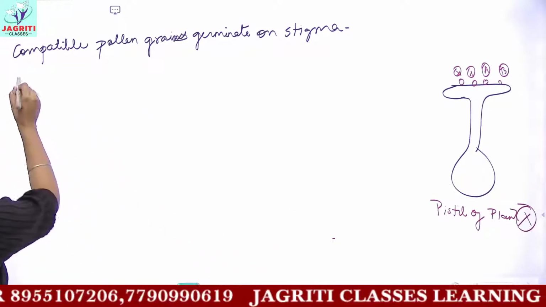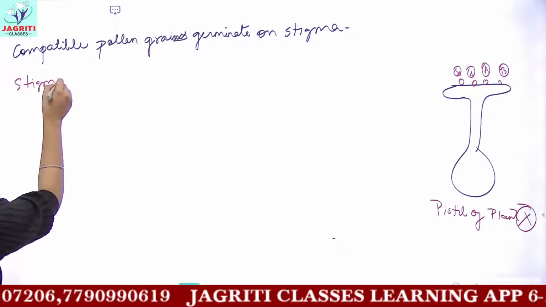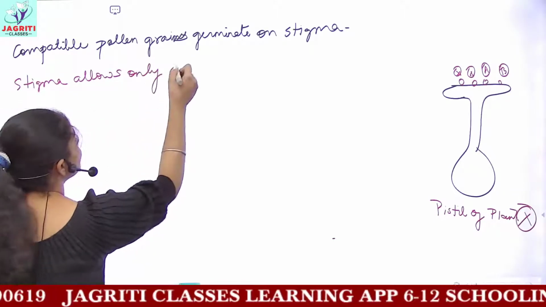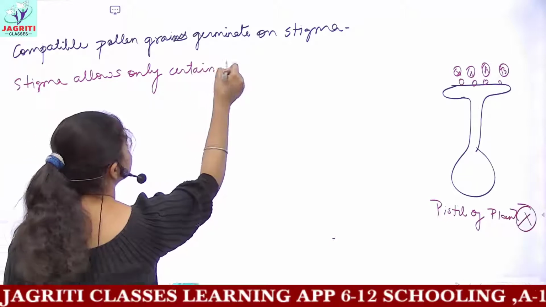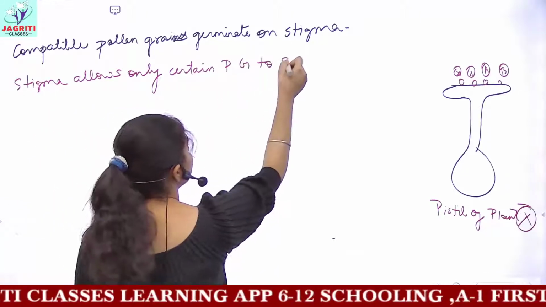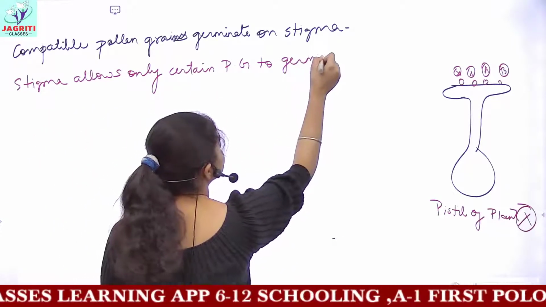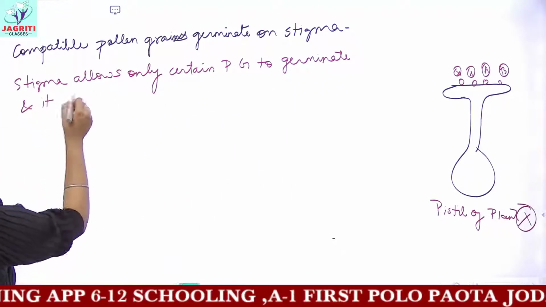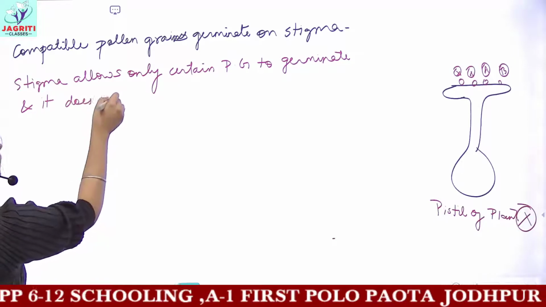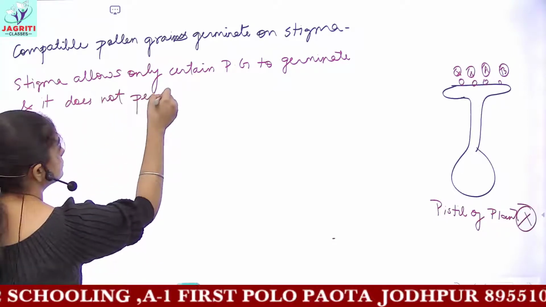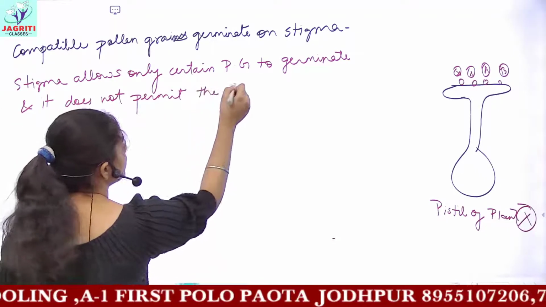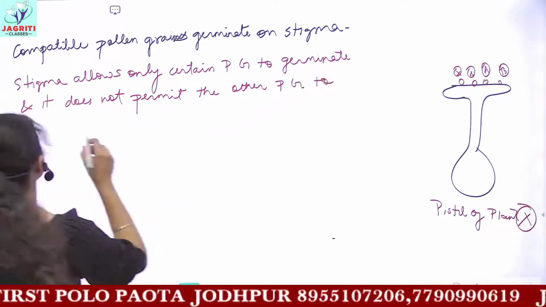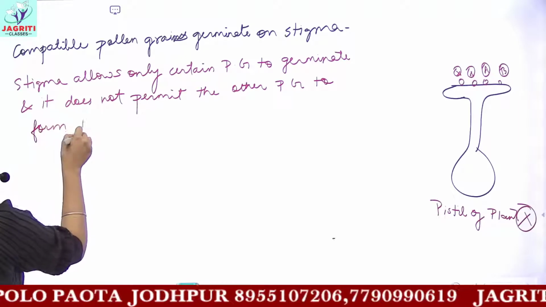So we can say that the stigma allows only certain pollen grains to germinate and does not permit the other pollen grains to form the pollen tube.